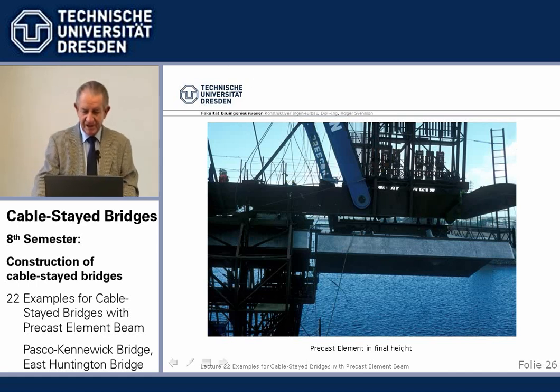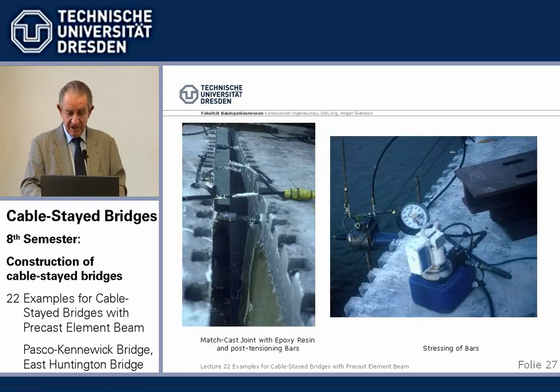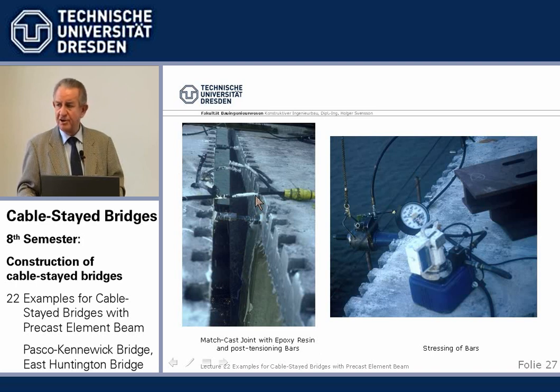We see here an element being lifted up and aligned so that it fits the formerly installed one. And then we have to do two things. We see here the installed and the new one. We have to trowel the concrete surface with epoxy resin, so it's covered thickly on both sides.